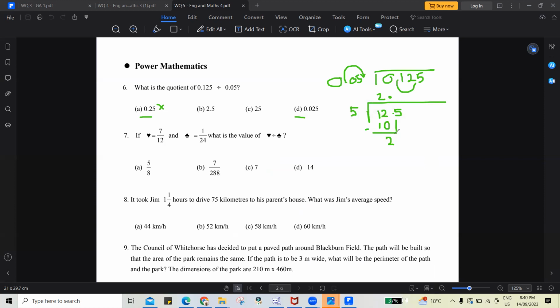Bring this 5 down to make 25. How many 5s in 25? 5. Put the 5 here. 5 times 5 is 25. Don't worry about the decimal point. Then 25 minus 25 is 0. Right? The answer is 2.5.